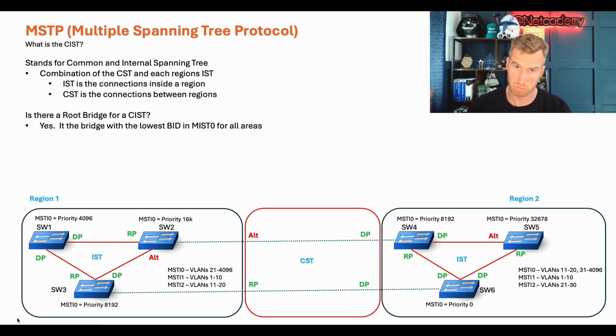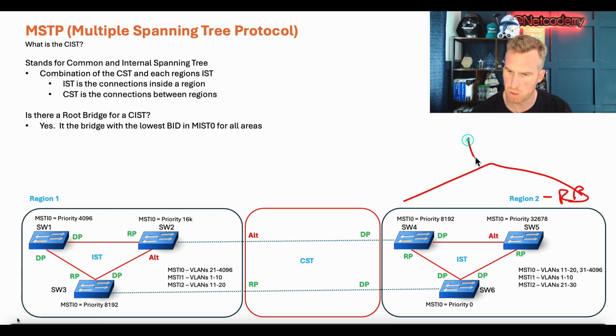It's elected by the lowest bridge identifier. Firstly, the lowest priority, and if there's a tie in the priority, it then goes into MAC addresses and so on and so forth. But coming back to here, remember on the last slide, I said that region 2 was the root bridge, because all of this is recognized as one logical switch, isn't it? But more specifically, what switch inside of region 2 is that root bridge?